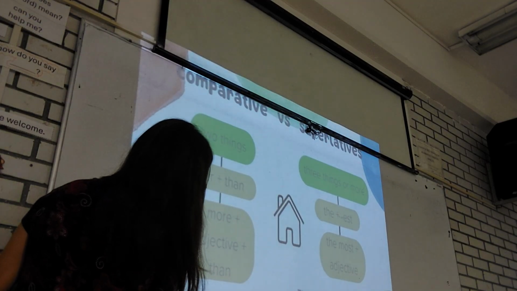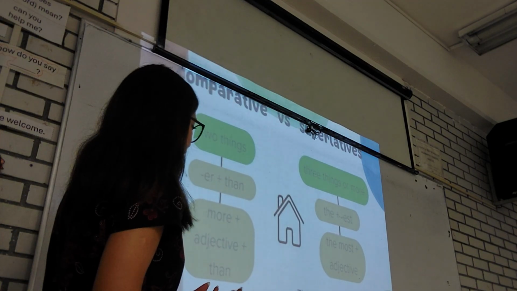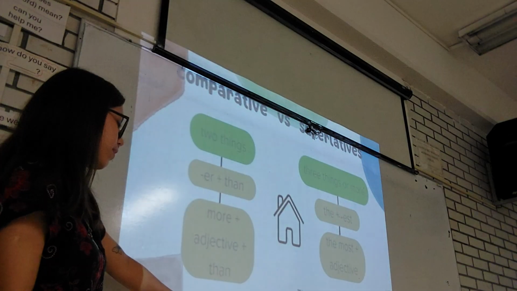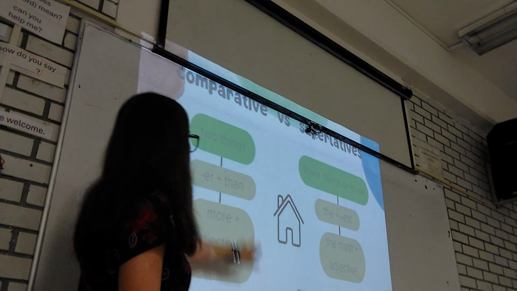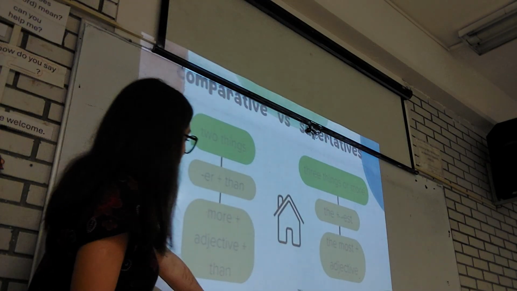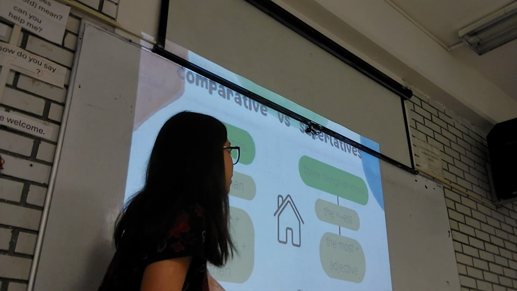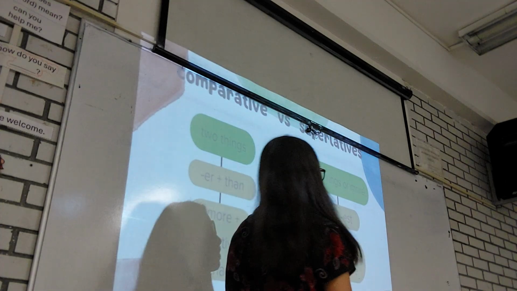The adjective big, more, er, and then you say than. That is the comparative. Okay? So my house is bigger than yours. 2 things: er form, the adjective, and than. Then we have superlatives.